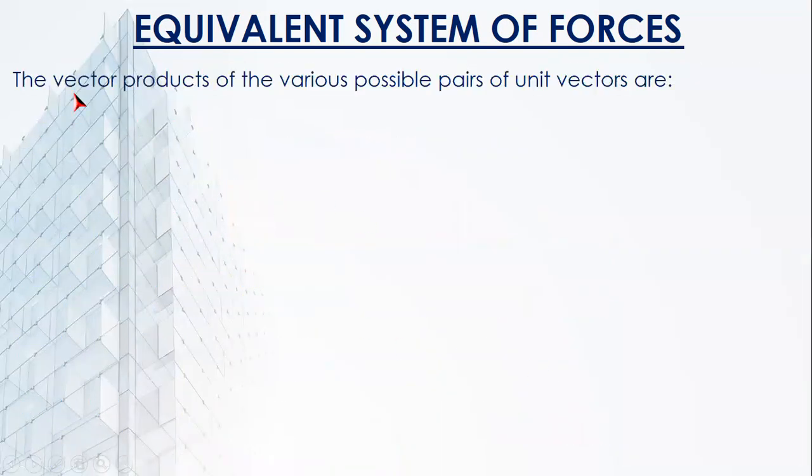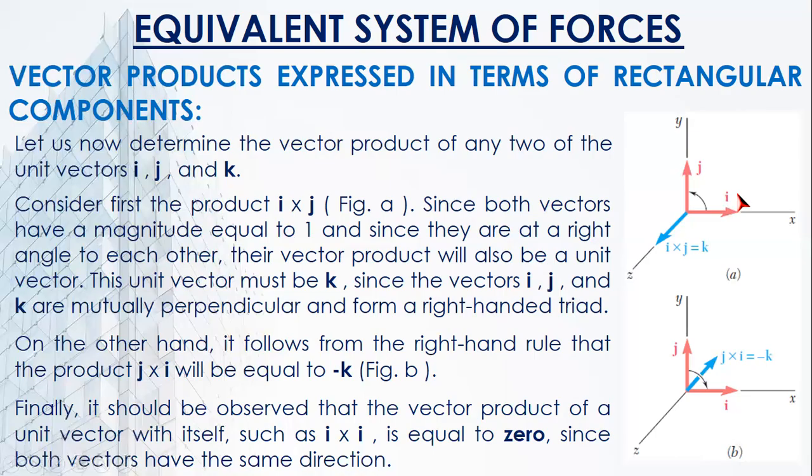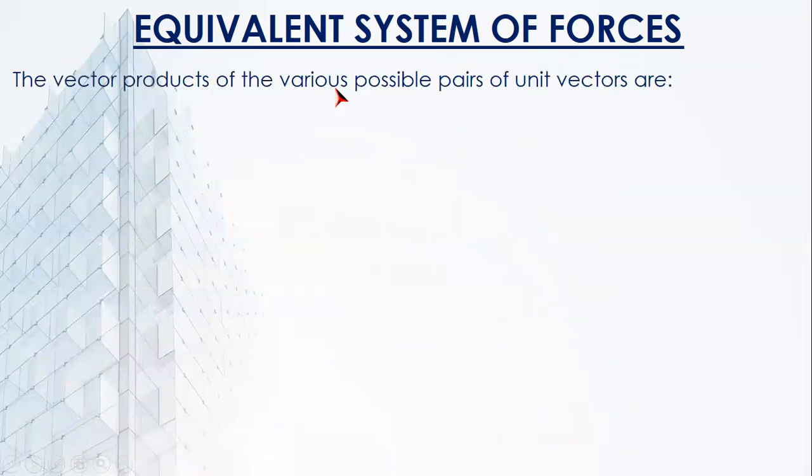The vector products of the various possible pairs of unit vectors are this one. Because kung mag-perform ka cross product, like V equals P cross Q. Okay. V equals P cross Q. Katong P nga vector nimo, namo to si components Pxi plus Pyj plus Pzk.